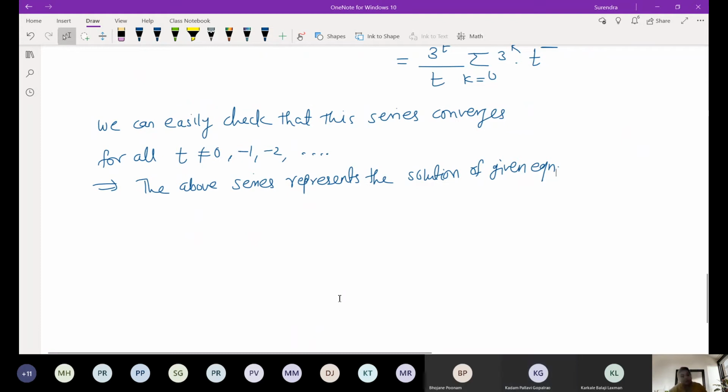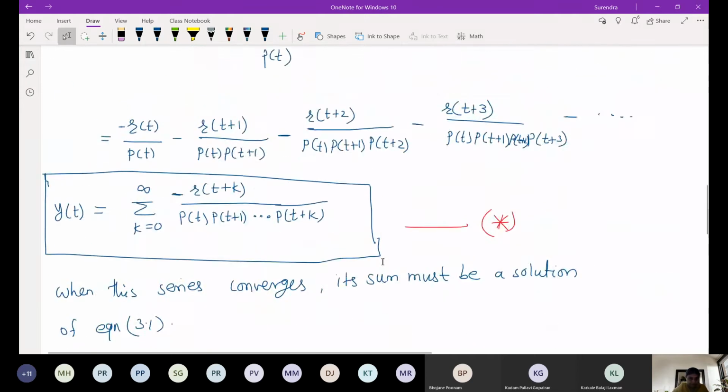Now, up to now we have seen first order equations only. Now we have to see general results for linear equations.